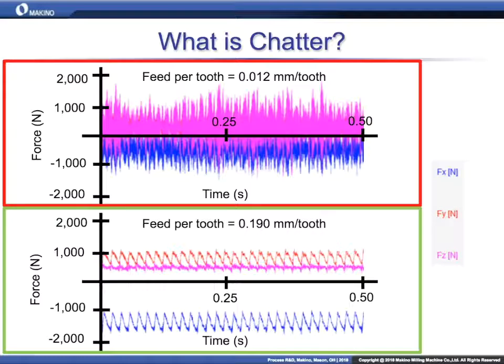Because that feed per tooth is so low, you can elastically deform the material, which means it will return back to its original position, and not shear off a chip.